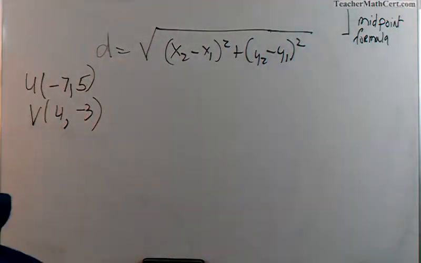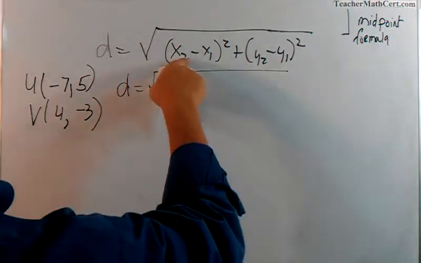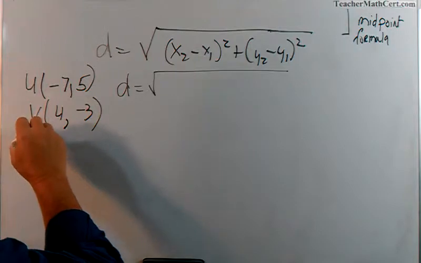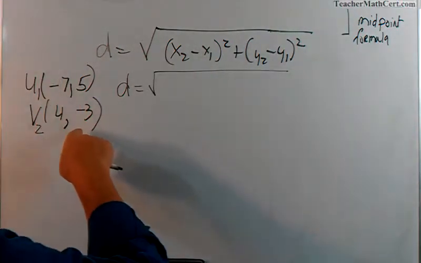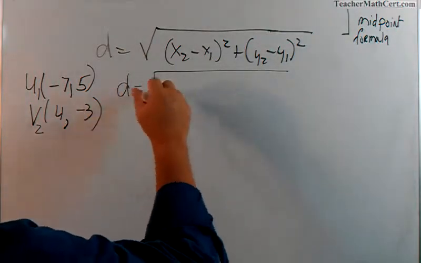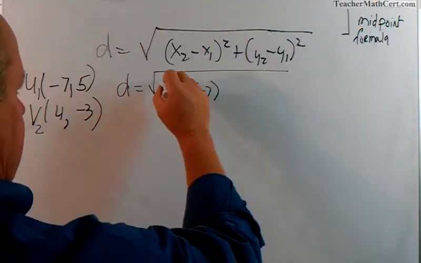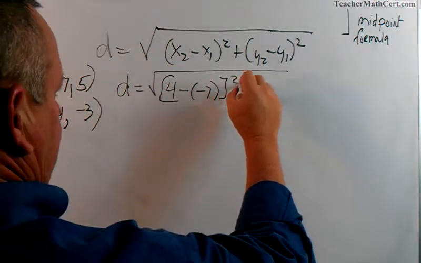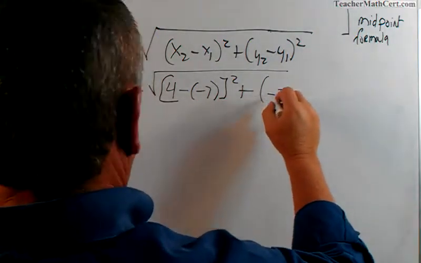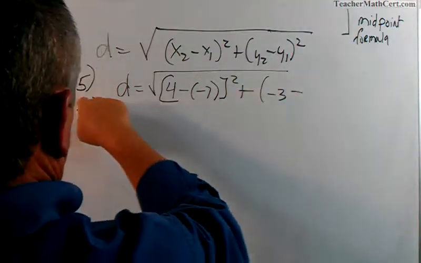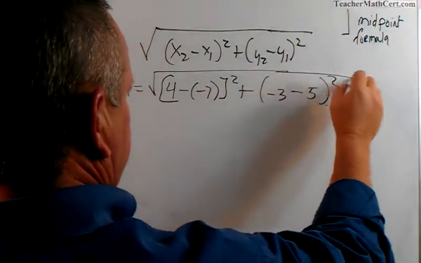All right. So just plug and chug. So d is equal to the square root of x sub 2. I'll call this one point 2, and we'll call this one point 1. So x sub 2 is going to be 4 minus x sub 1, which is minus 7, quantity squared, plus y sub 2 is going to be negative 3 minus y sub 1, which is 5, quantity squared.